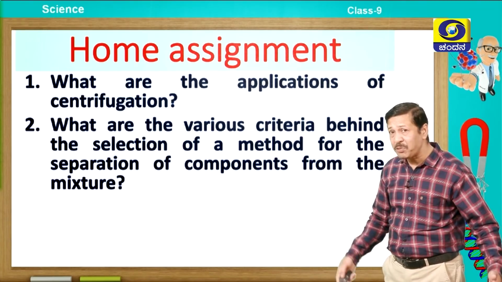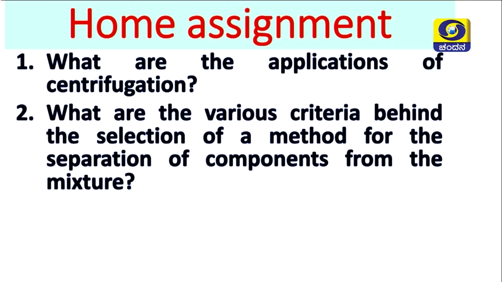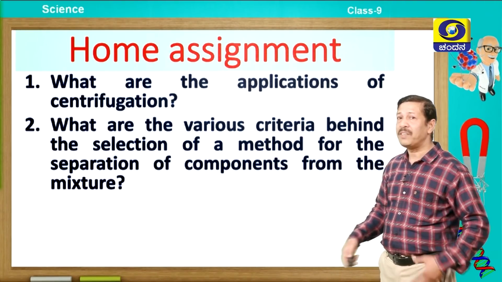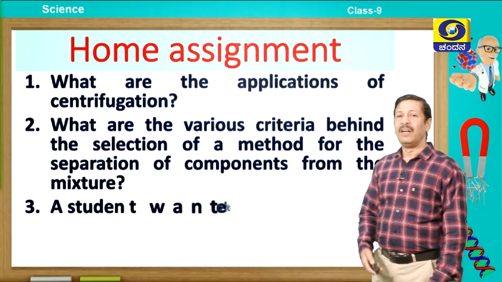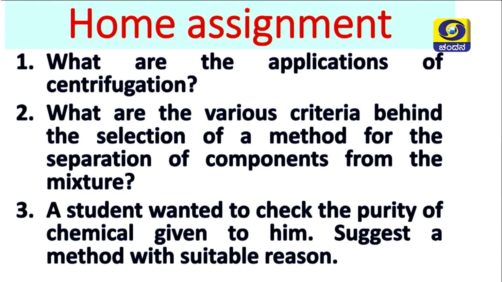Please note down these questions, try to answer, and also you can discuss with your friends and show these to your teacher so that you will understand the concept in depth, right? A student wanted to check the purity of a chemical given to him. Suggest a method with a suitable reason. You have to tell why you are suggesting that particular method. What is the rationale behind that?